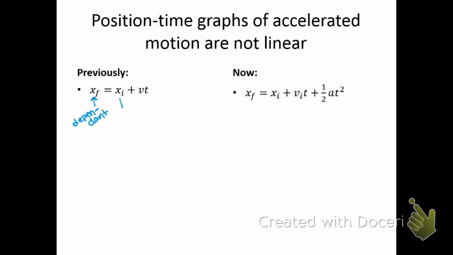This is my y-intercept. This term is my slope. And then finally, this term here is my independent variable.